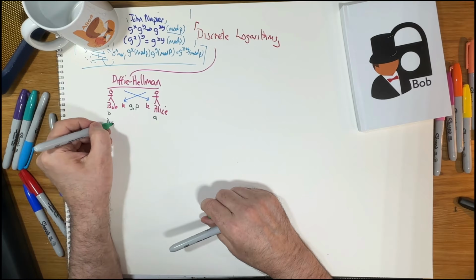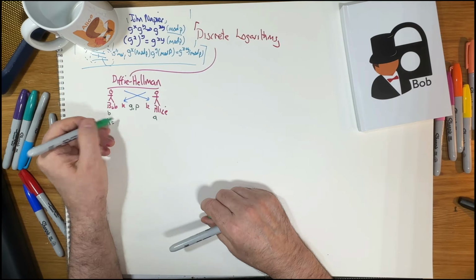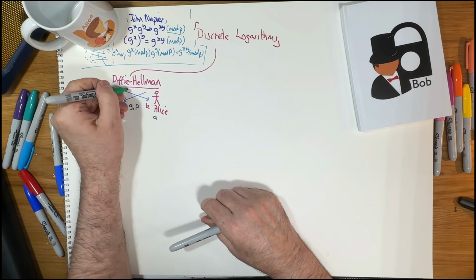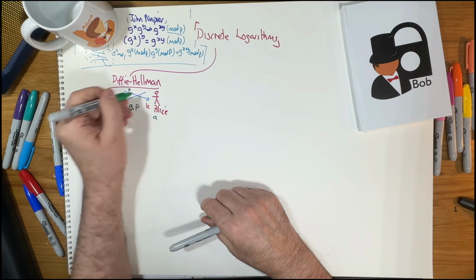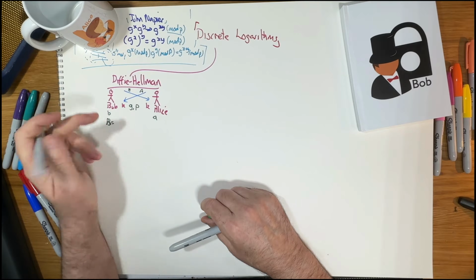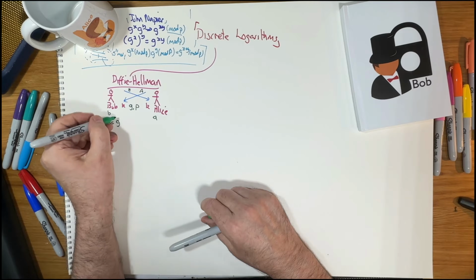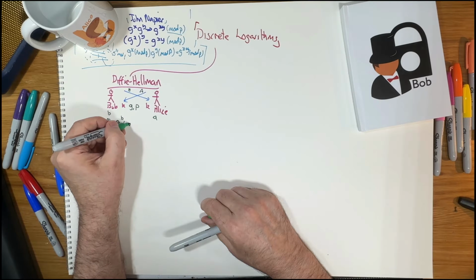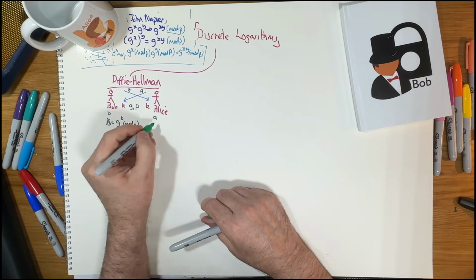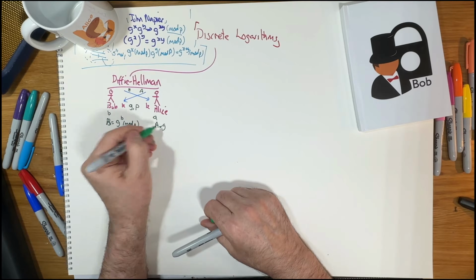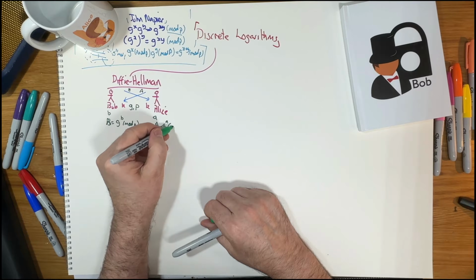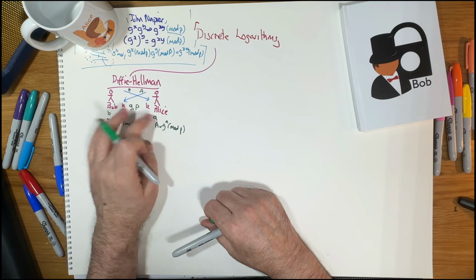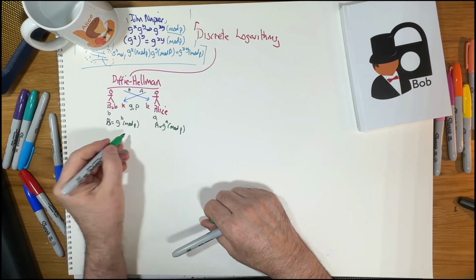Bob now computes his public value. This is the value that he's going to transmit to Alice. So Bob is sending over B, and Alice is sending over A. So Bob computes G to the power of b mod P, and Alice computes G to the power of a mod P. So they don't give away their small a and small b value.